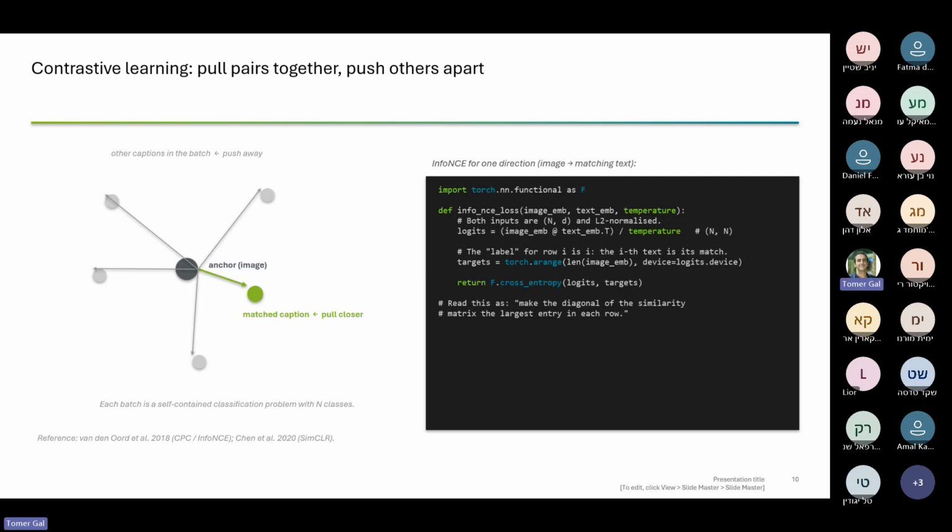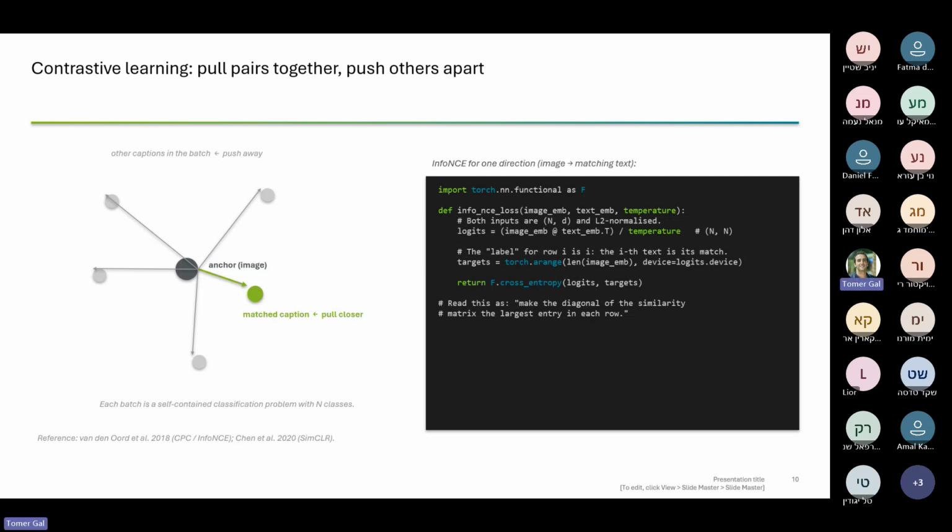Okay, so that's it. This is exactly the same form as a softmax classifier, with the classes being the in-batch text embeddings. Now, 2 important consequences. First, with larger batches it's a harder problem, because there are more negatives to discriminate against, and thus a stronger signal.